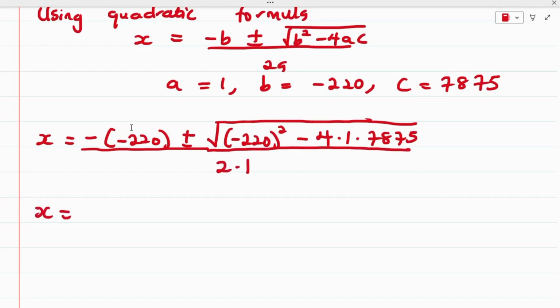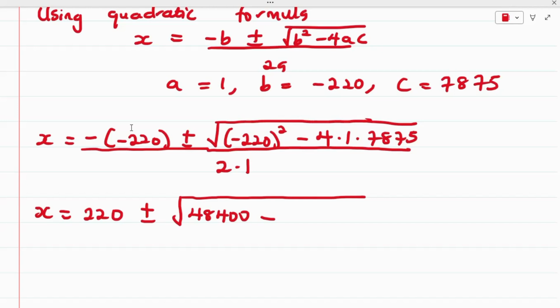So x is equal to minus times minus is plus, so we have this to be 220 plus or minus the square root of minus 220 squared, which is going to give us 48,400, minus 4 multiply 1 multiply 7,875, which is going to give us 31,500, divided by 2 multiply 1, which is 2.